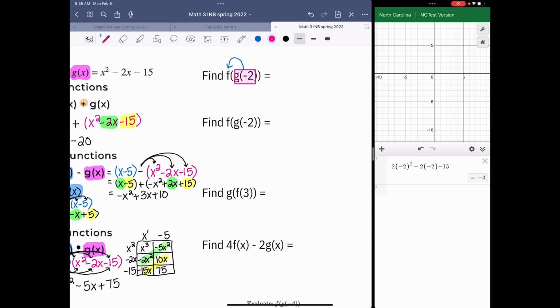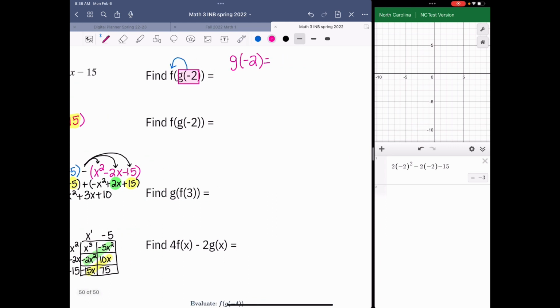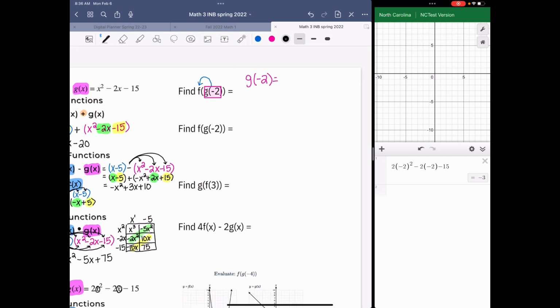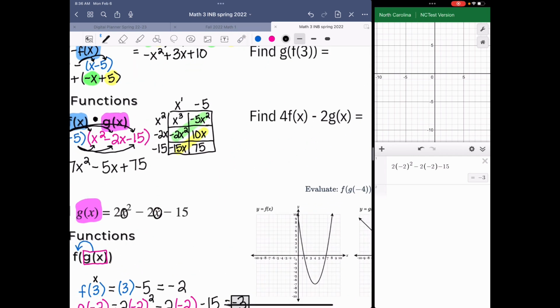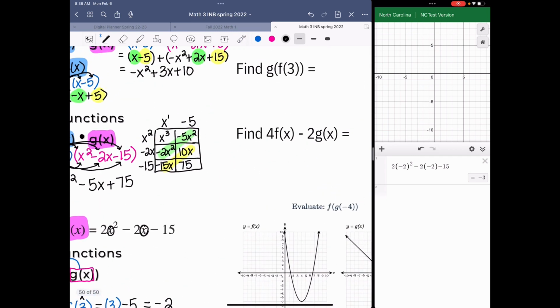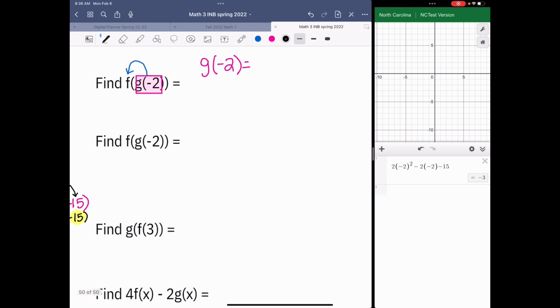So I'm going to start with g of -2, excuse me. So g of -2, remember our g function was 2x squared minus 2x minus 15. So this is going to be 2, we're going to plug in -2 squared minus 2, there was another x, so we're going to plug in -2 minus 15.